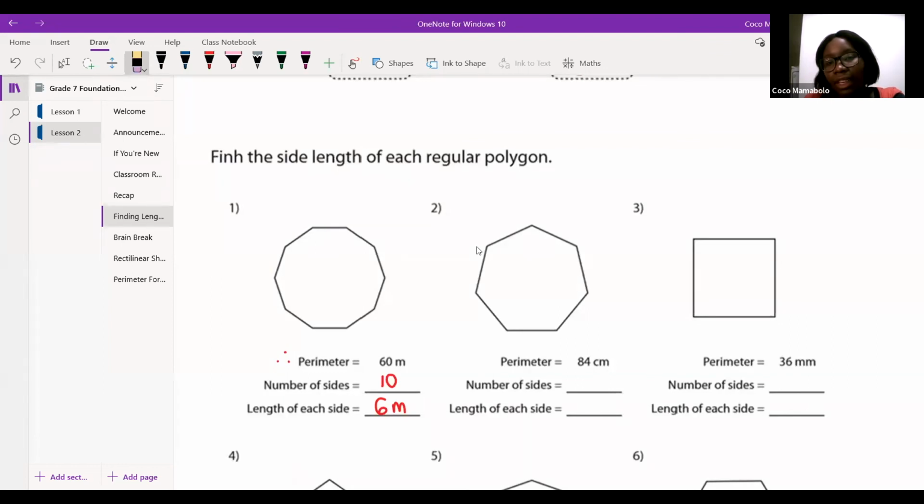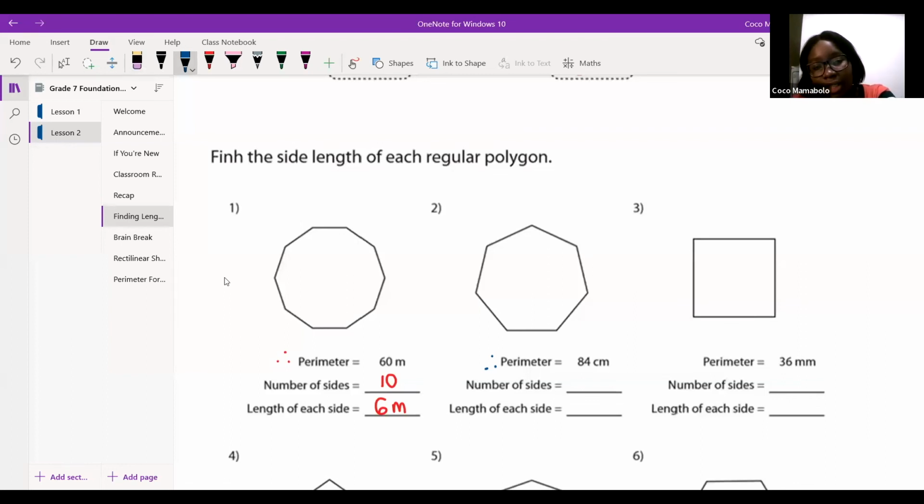Okay, let's look at this one over here. They tell us that the perimeter is 84 centimeters. So therefore, P is equal to 84 centimeters. I now have to count how many sides I have.